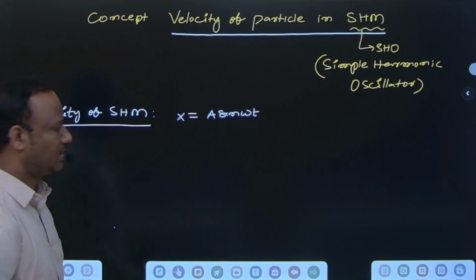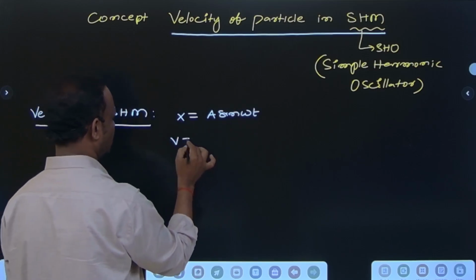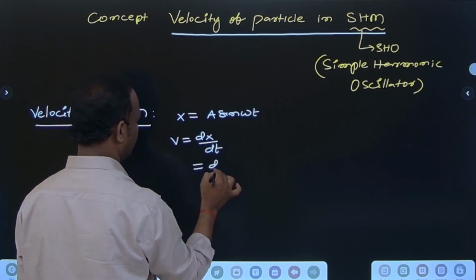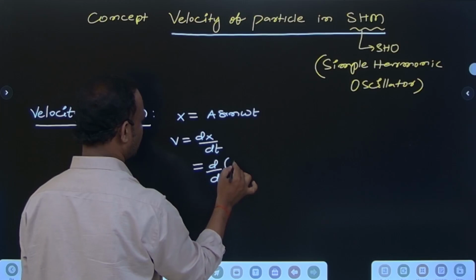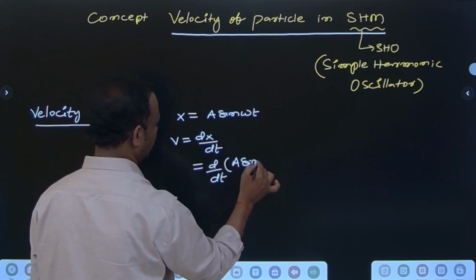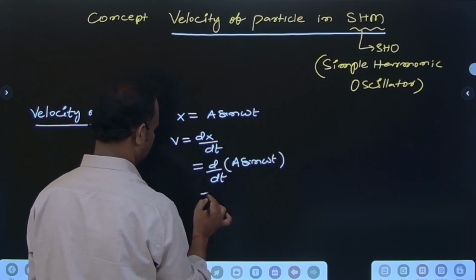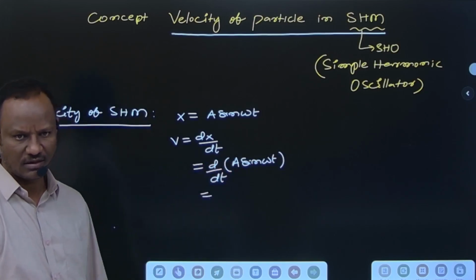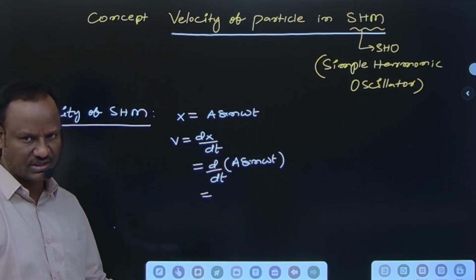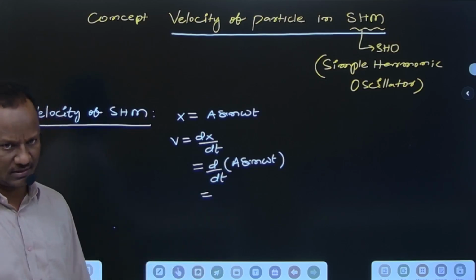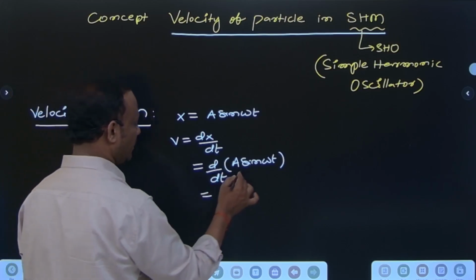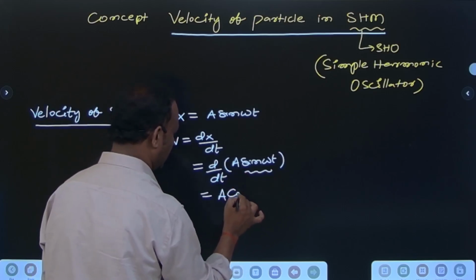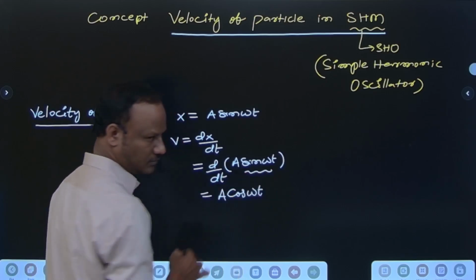If I want to know velocity, how should I get it? v is equal to dx by dt. d by dt of x means d by dt of A sine omega t. Differentiation of sine theta is cos theta. Differentiation of cos theta is minus sine theta. So d by dt of sine omega t gives A cos omega t.